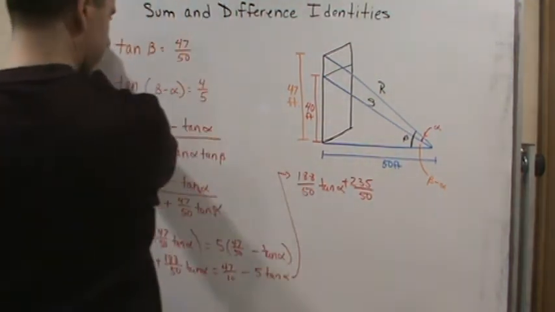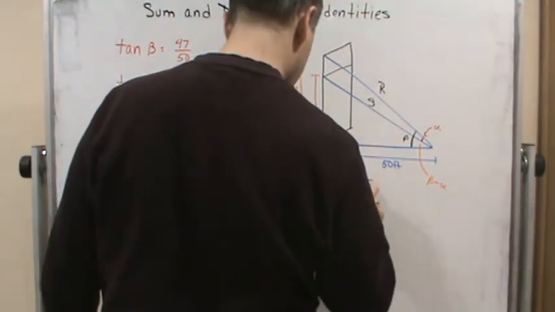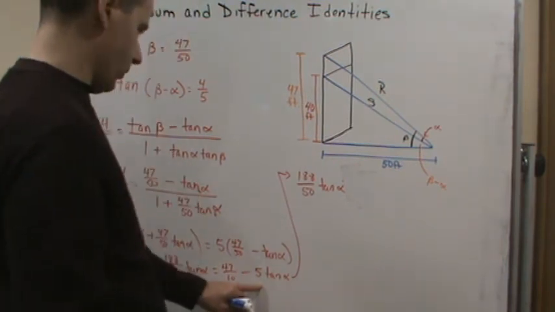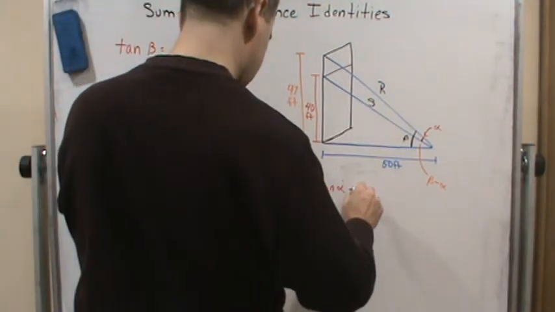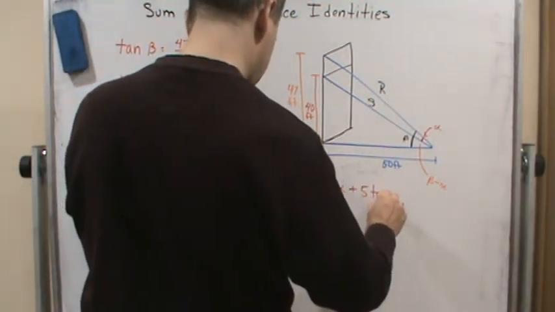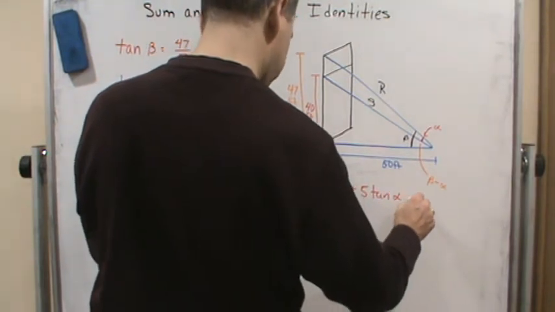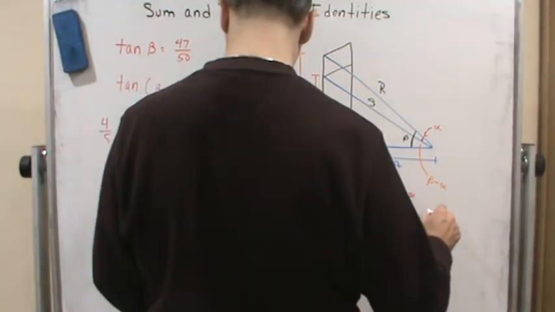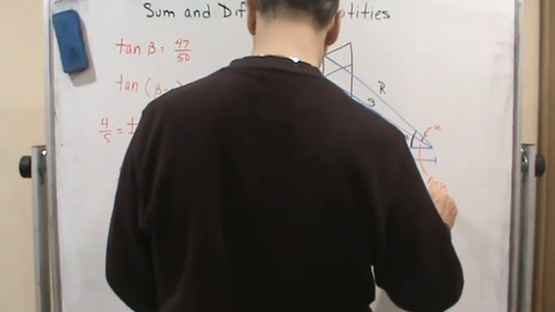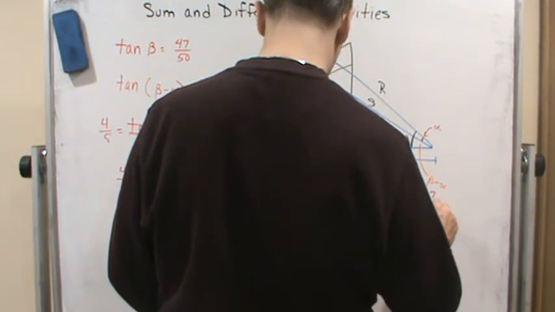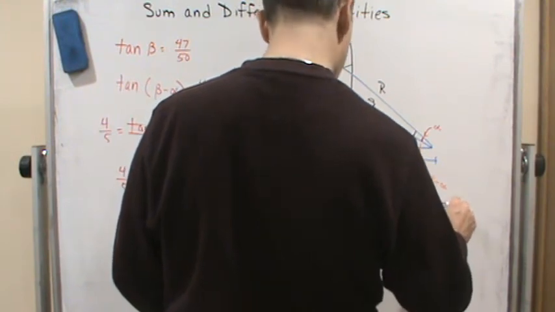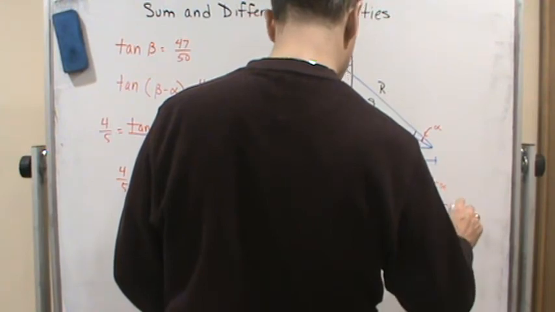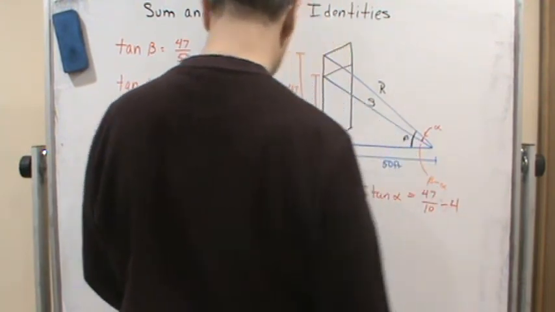Oh, hold on. That's not what I want to do. Plus 5 tangent alpha equals 47/10 minus 4.